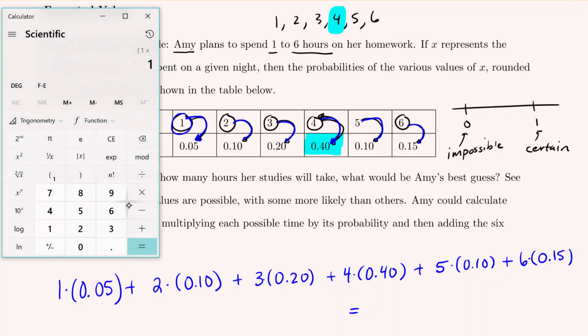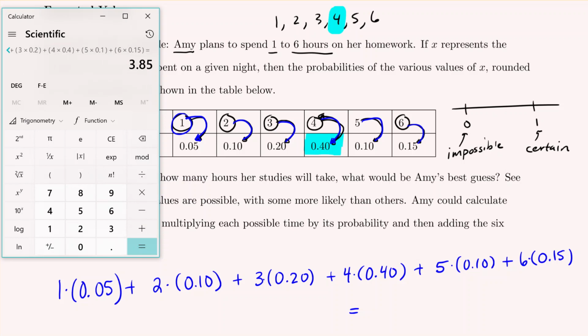So 1 times 0.05 plus 2 times 0.1 plus 3 times 0.2 plus 4 times 0.4 plus 5 times 0.1 plus 6 times 0.15.